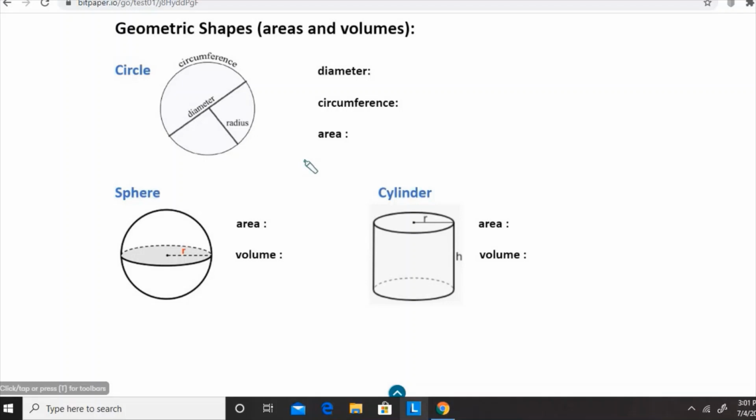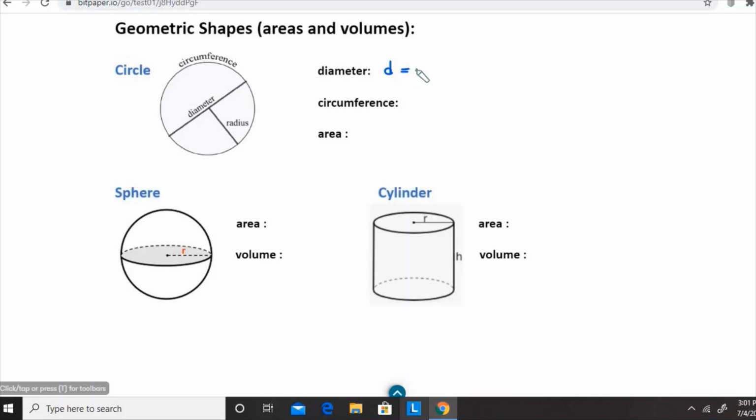Let's look at some geometric shapes that will be important for this course. So a circle, you need to identify what is the radius. It's the distance from the center of the circle to the edge, and the diameter is twice the radius. So diameter is usually denoted by d.